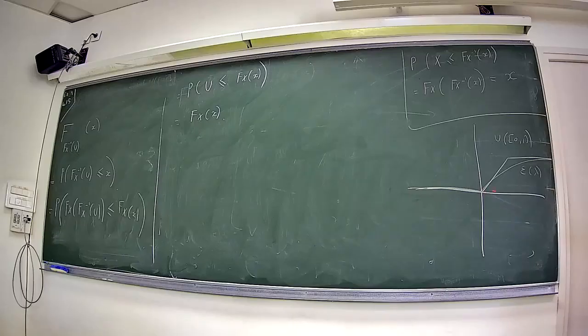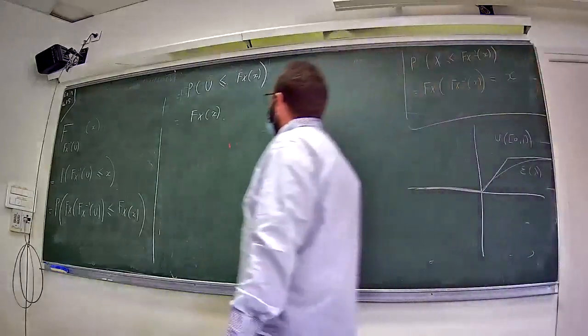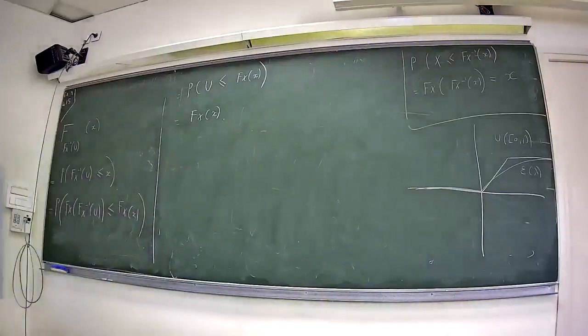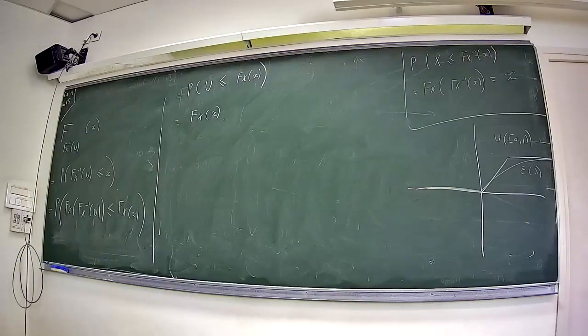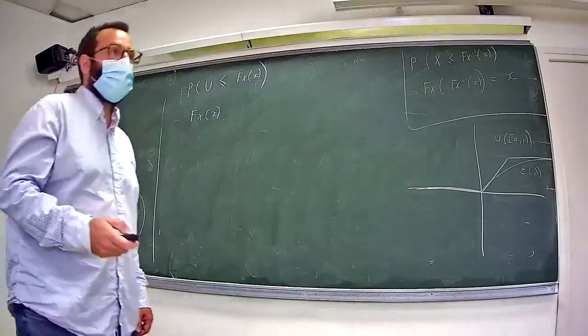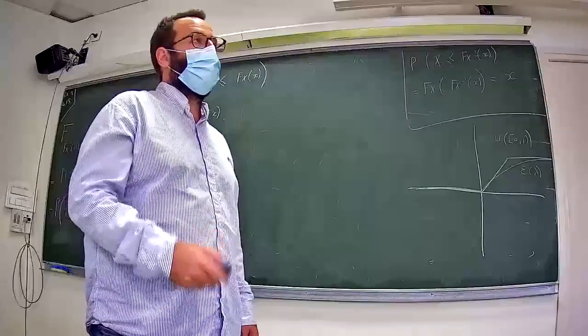Here, this point is between 0 and 1 because it's the distribution function at one point. It's the probability that X is less than small x, so it is between 0 and 1. And so the identity form of the distribution function applies here, and I have proved my result, proving that both distribution functions are equal. It's exactly what I want to prove.